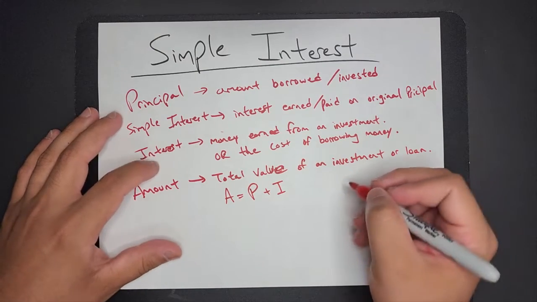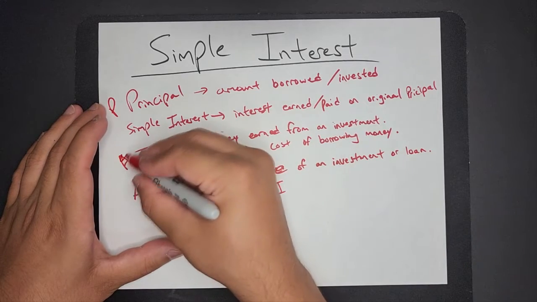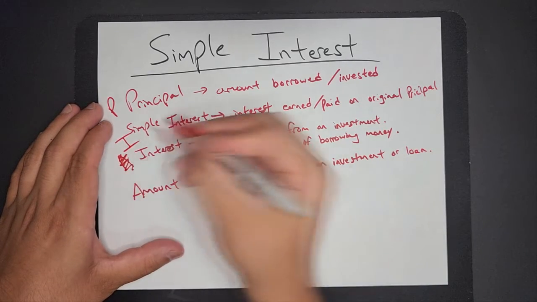There you go. So this is P, this is A. Sorry. I.